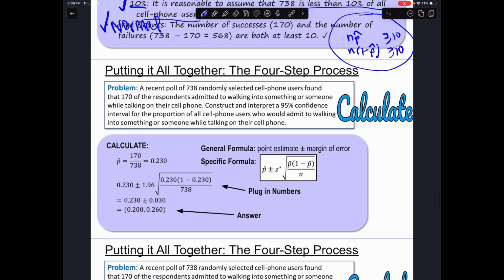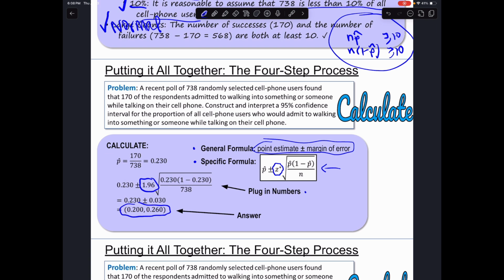Okay. And then the calculate step. So they actually don't grade any of this except for the answer. So the way you get to it is kind of up to you, but a good template is to do 3 steps. Write the general formula, write the specific formula, which there's 4 specific formulas that we're going to study. And this is the one for P, single P. Okay, you plug in the numbers. So notice that they plugged in Z star for the 95%.